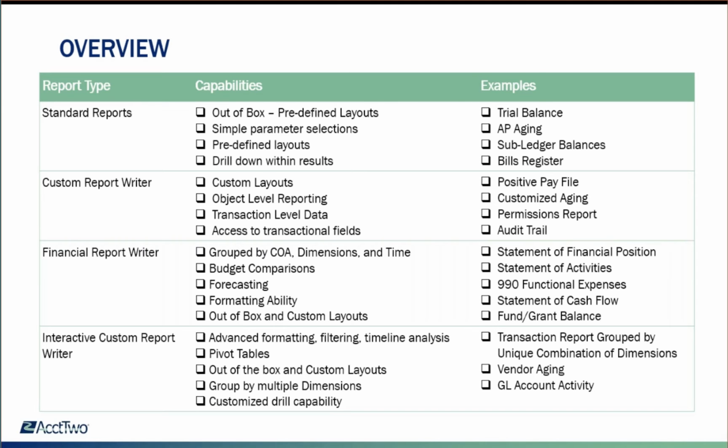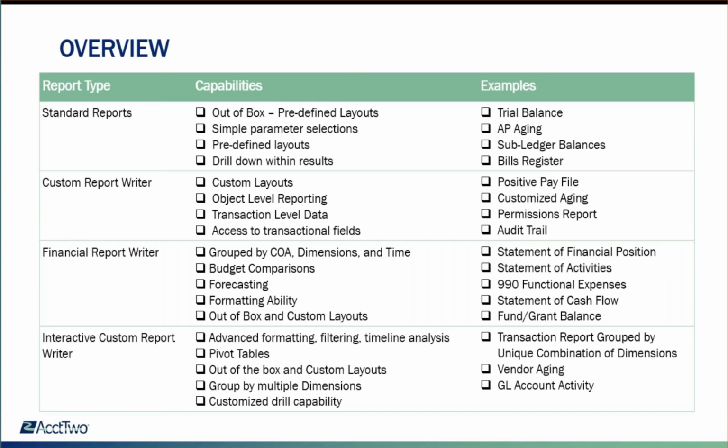It is summarized by chart of accounts, by dimensions, by time periods, by actual versus budget. Lastly, there's a new interactive custom report writer, and this also uses the Sage Intacct data tables, but it takes us places we've never been able to go before inside of Sage Intacct.